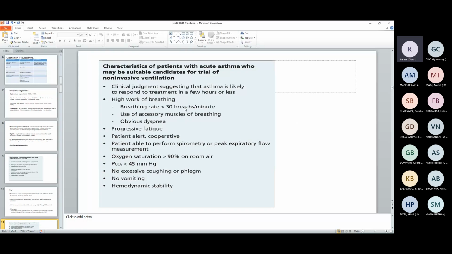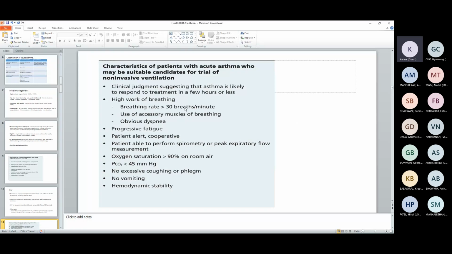So if the patient remains relatively stable and is expected to respond to the aggressive treatment in the next few hours, that is one indication for non-invasive ventilation. And in patients who are becoming fatigued due to the high work of breathing, we should consider non-invasive ventilation.